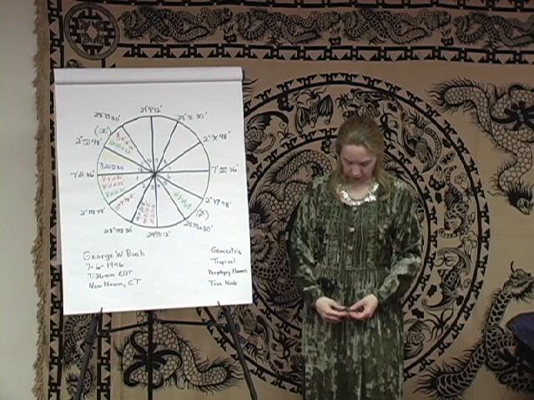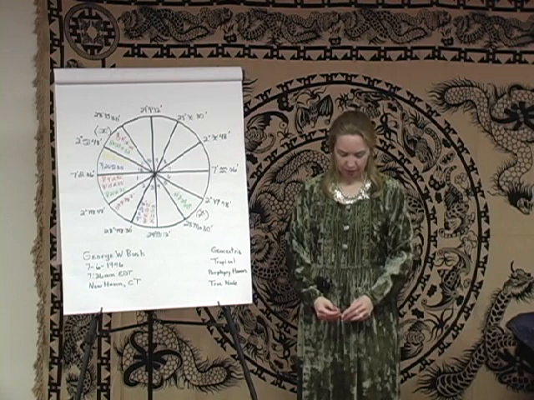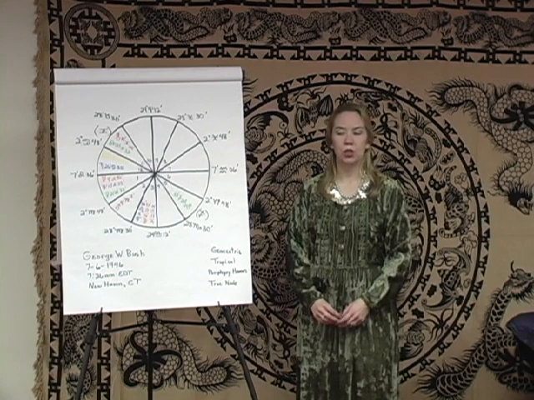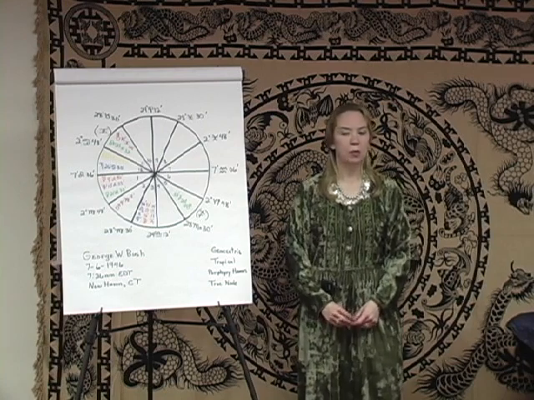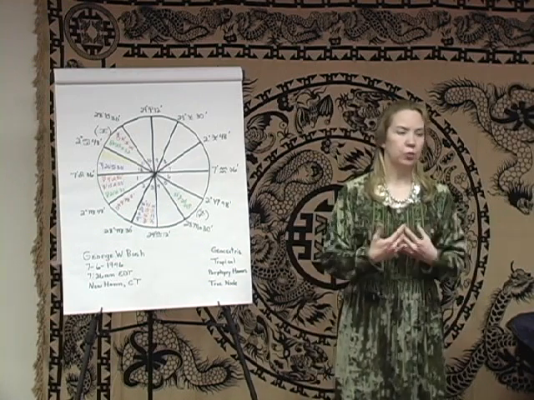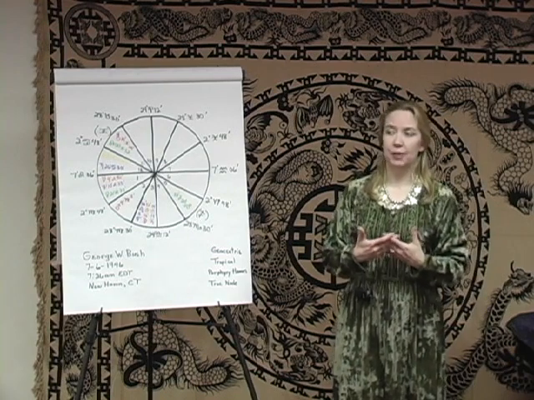So the first one we'll look at is if a soul has Pluto conjunct the south node. When Pluto is conjunct the south node, and by the way, let me just qualify this: I'm going to use it in terms of Pluto, but you can also use it with other planets.